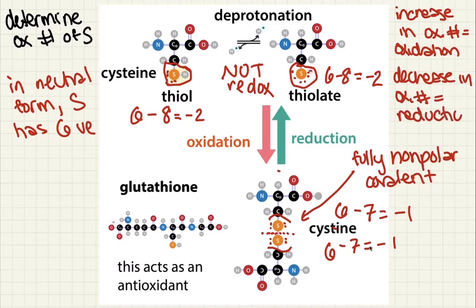And if we go the other direction, we're going from a -1 to a -2. That's going to be a reduction reaction. And this is in terms of the sulfur. So if you think about the carbon, here is going to be the opposite. So this carbon here, if the sulfur is getting oxidized, then the carbon is getting reduced.